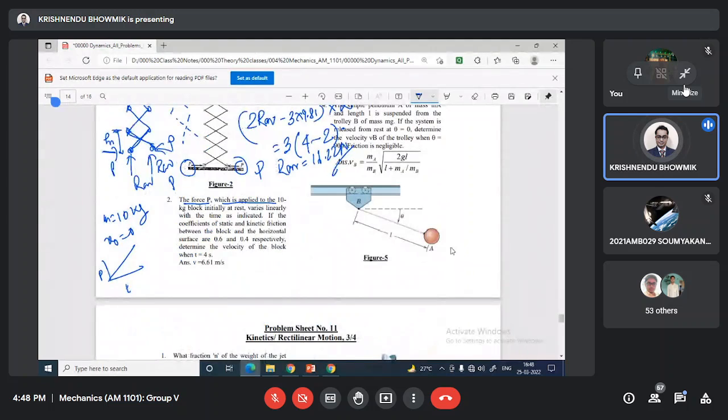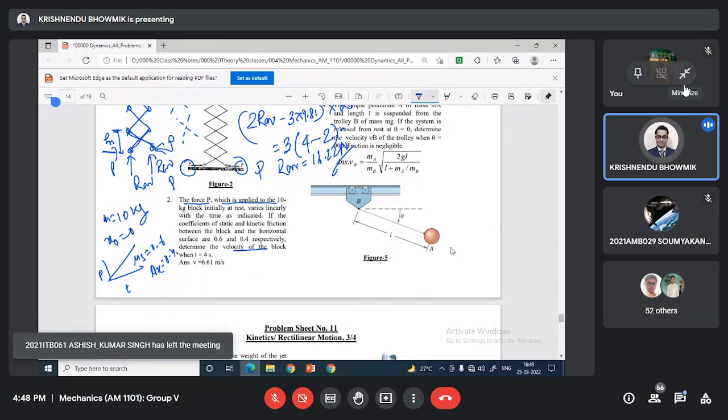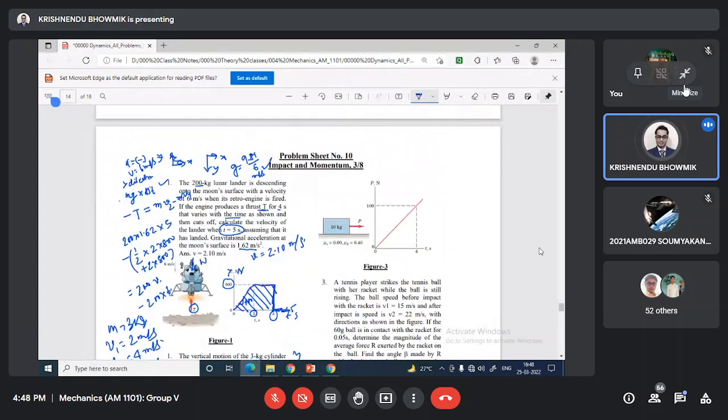If the coefficients of static and kinetic friction between the block are mu s equal to 0.6 and mu k equal to 0.4, determine the velocity of the block when t equal to 4 seconds. Let's go back here. We'll write here once again.